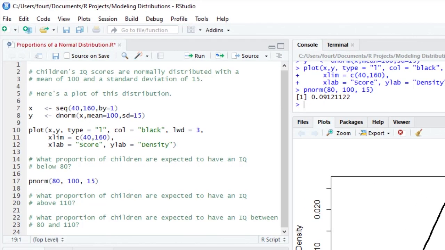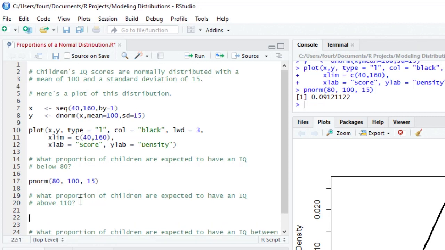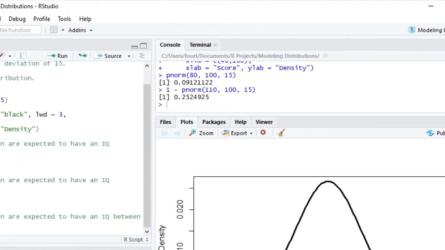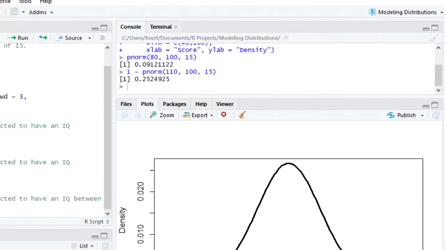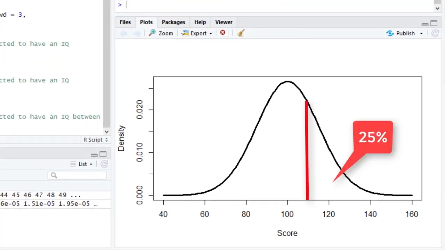Let's type in the formula. The answer is that 0.25, or 25% of children, will score above 110.